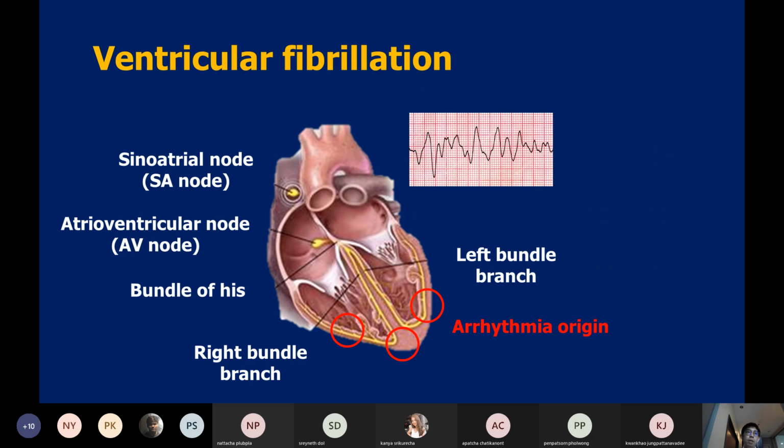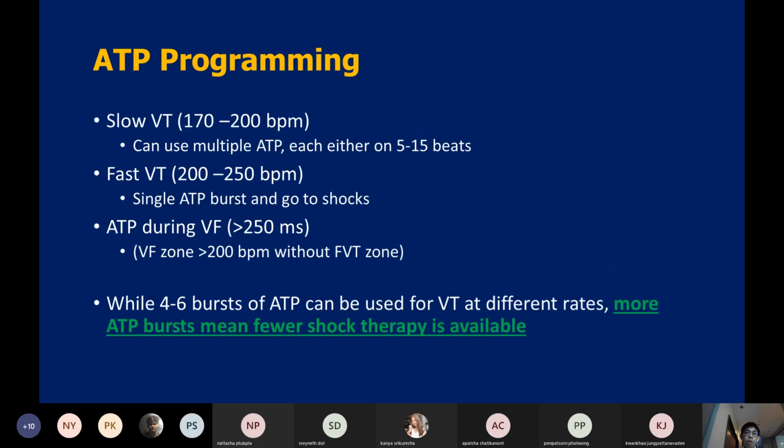If we can treat the patient right in time, the patient wouldn't have to experience any symptoms or cardiac arrest at all. The first treatment of tachycardia is called ATP programming, or anti-tachycardia programming.